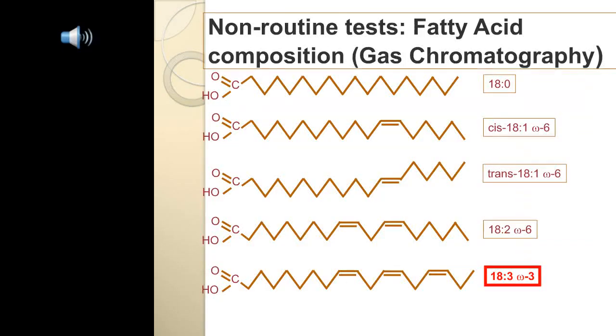Again, with non-routine testing and thinking about triglyceride-related issues, one of the more sophisticated tests we could do, and which we have done in the past, would be the use of gas chromatography for the actual assessment of the fatty acid composition of the lipids, particularly triglyceride or phospholipids in membranes, which are present in biological samples.